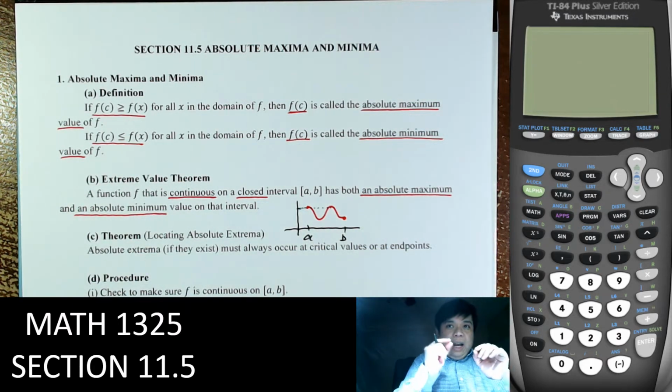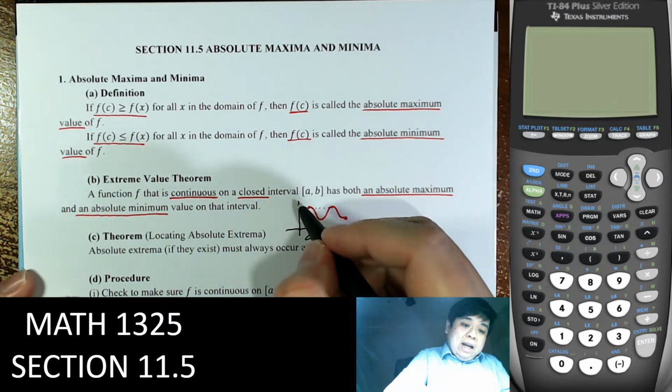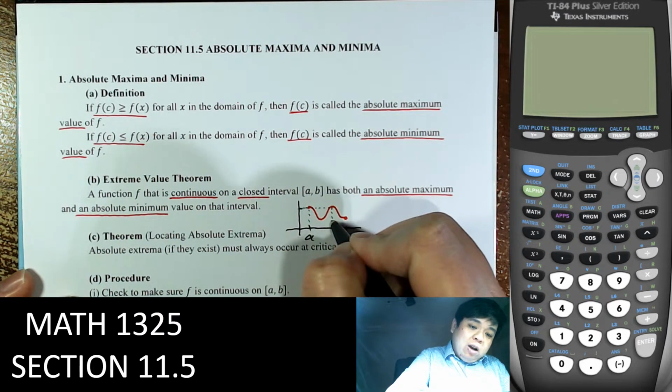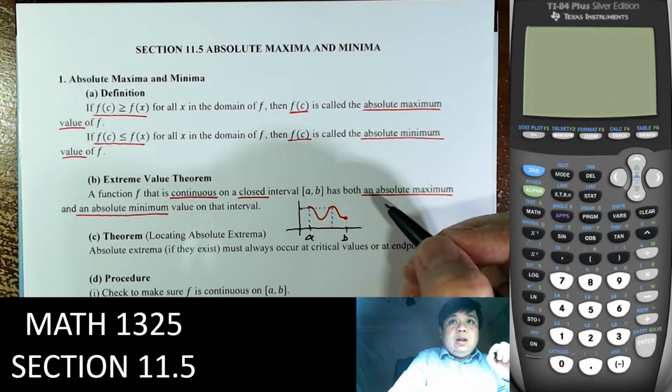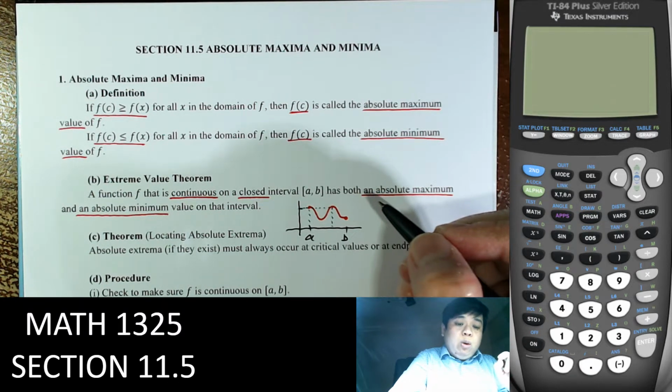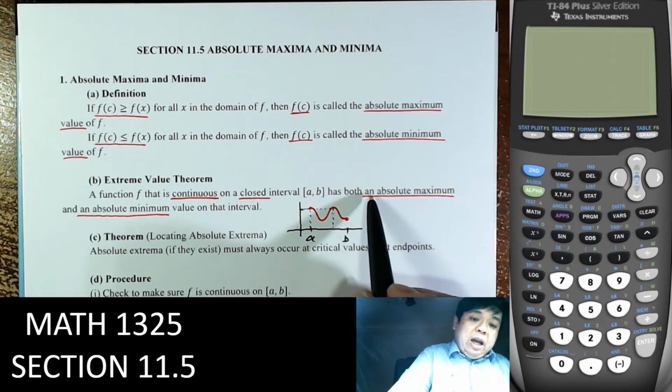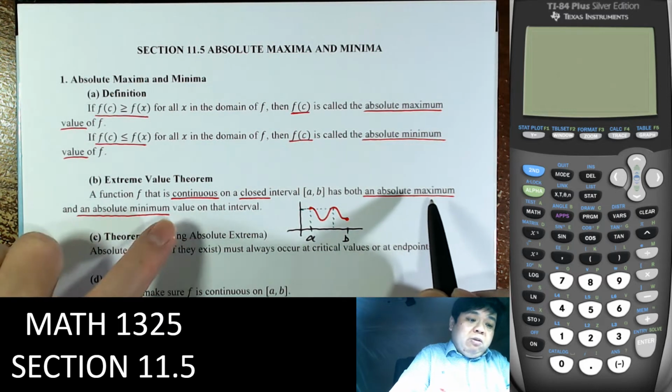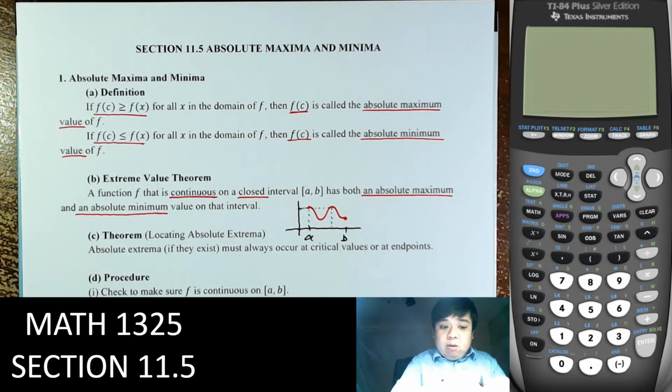So there's one absolute maximum value that occurs at more than one value of x, but for the highest value of y, there's only one. So that's why we define it to be the absolute maximum value of the function, right?